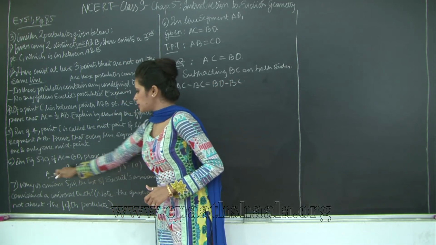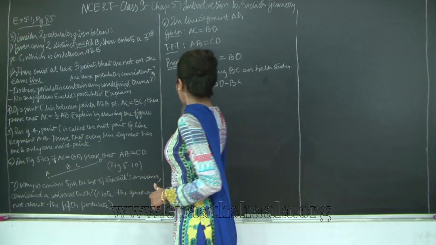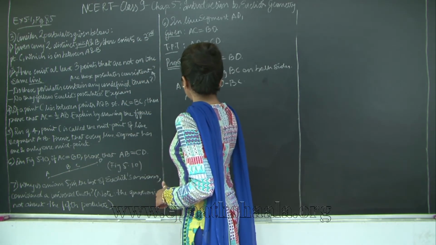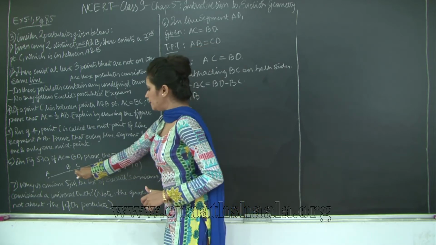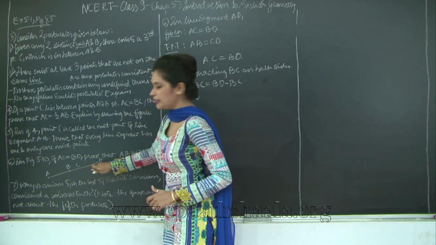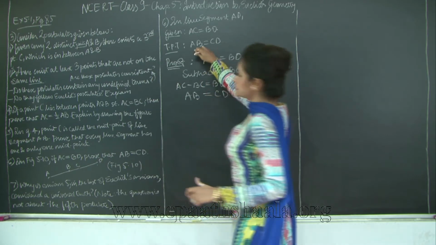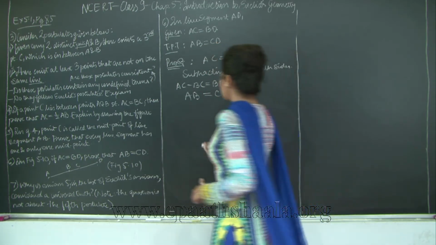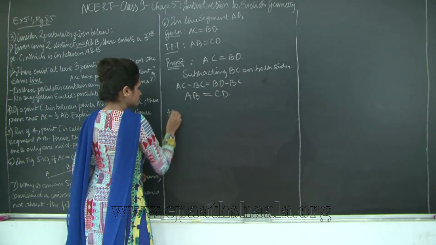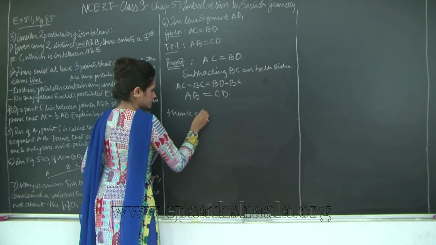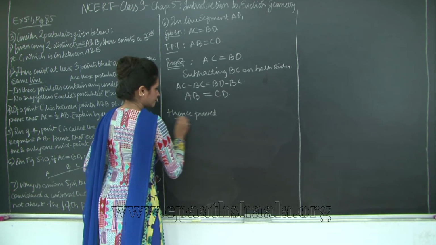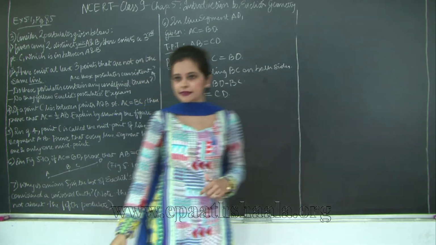AC minus BC will give me only AB. So I write this as AB. And BD minus BC will give me CD. So this is equal to CD. Isn't that what we need to prove? So I'll say hence proved. Clear? Quite a simple question.